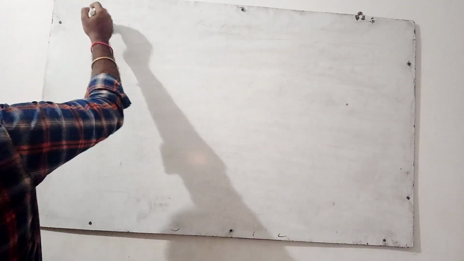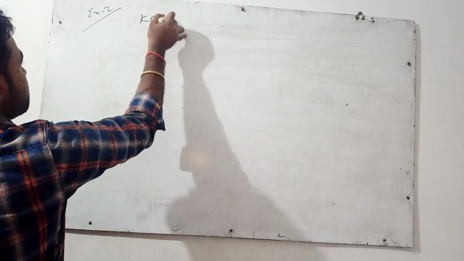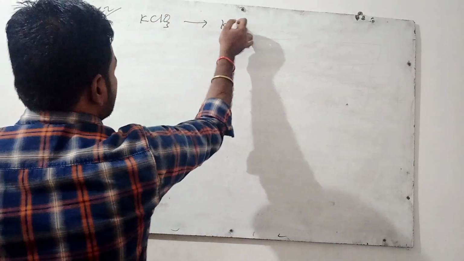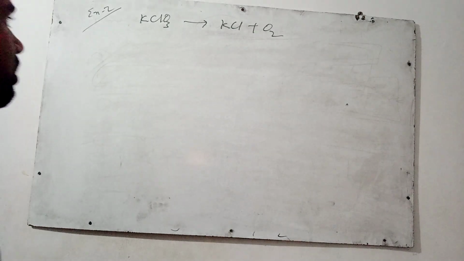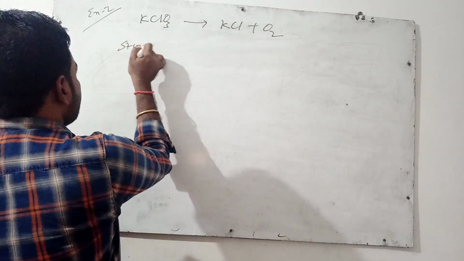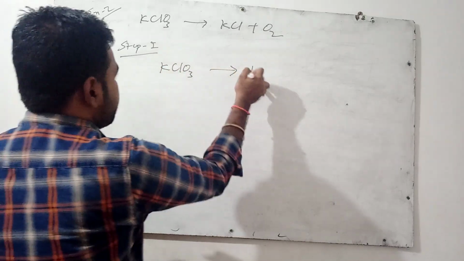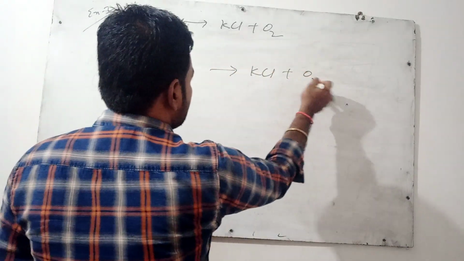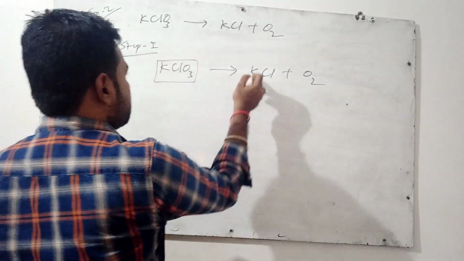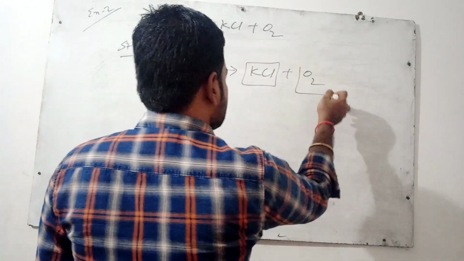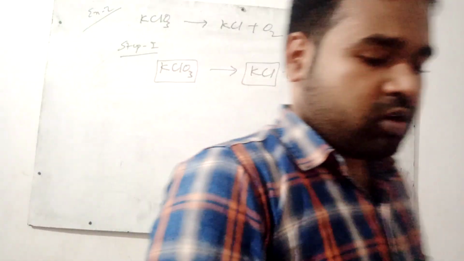Example 2. Suppose it is given KClO3 gives KCl plus O2. We need to balance this. What do you have to do in step 1? Make boxes around the formulas.